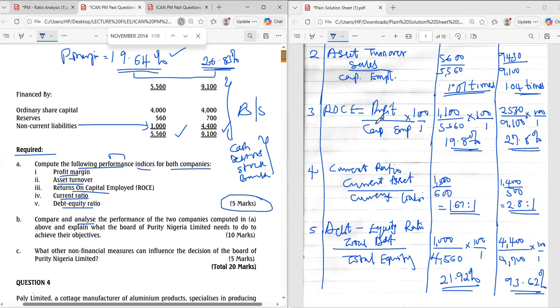I'm saying that this benchmark has 93.62, which means highly geared. That is, it's more financial debt. So if I am asked to recommend, what can we advise the company so that they can reduce this ratio, sir?